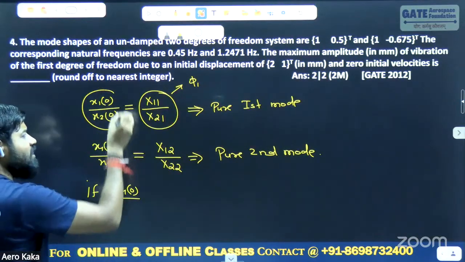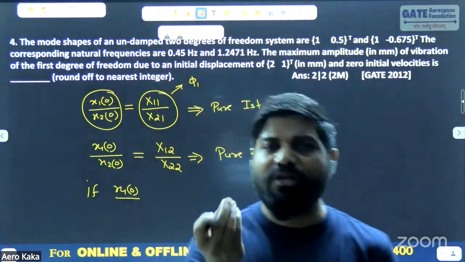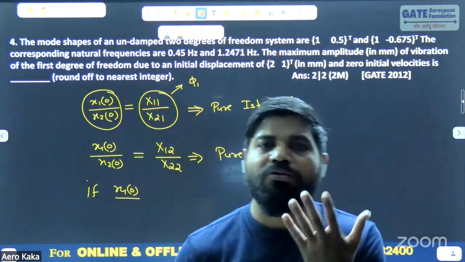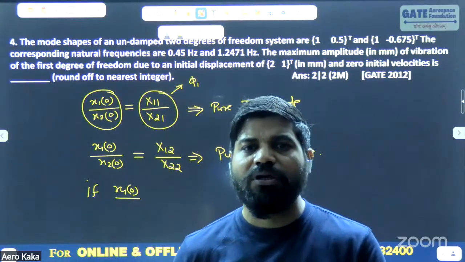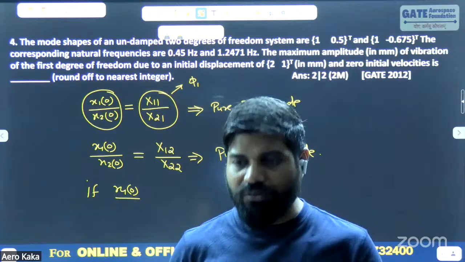Are you getting what this x10 upon x20 is? This is the initial displacement ratio only. So it could be x10 upon x20, and I can also write this as x20 upon x10. Is that clear?